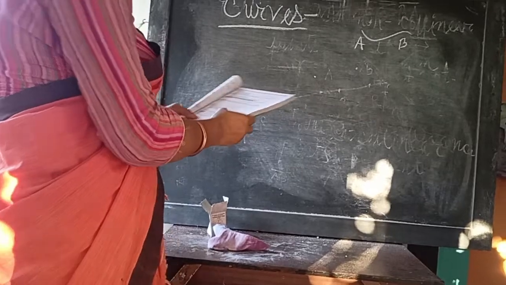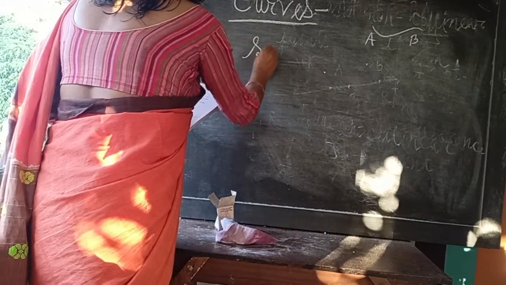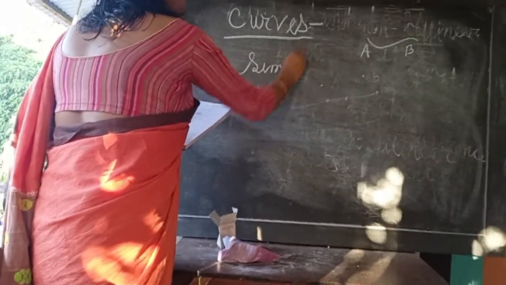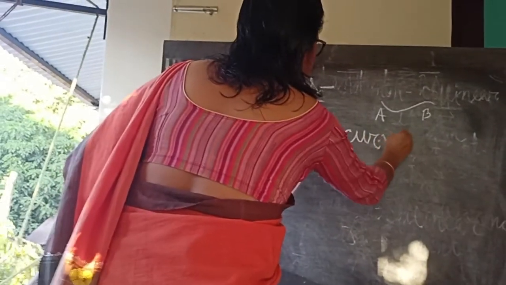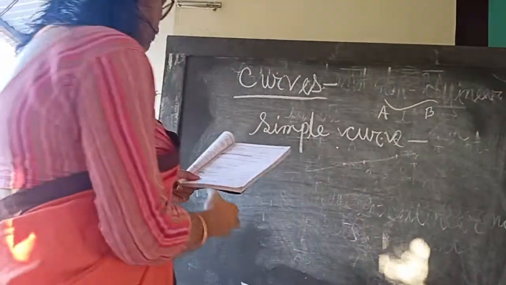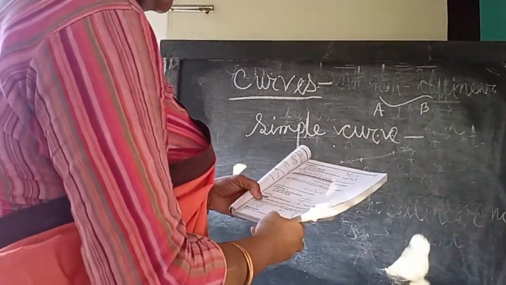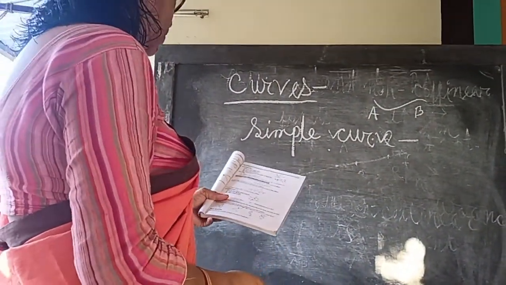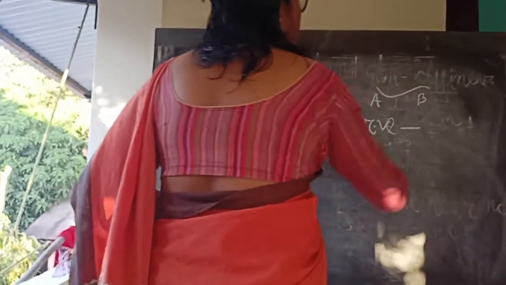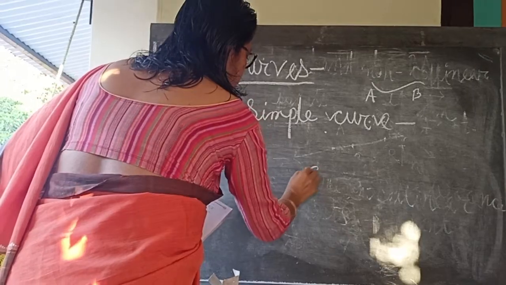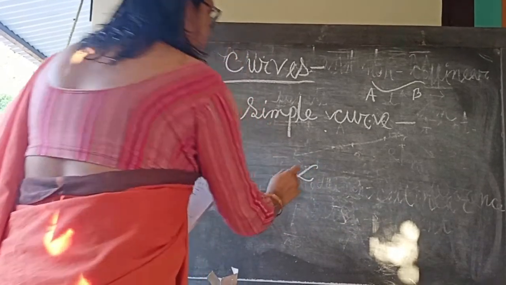Now which are simple curves? Simple curve. A simple curve is a curve which doesn't intersect itself. Okay, this is a curve. It does not intersect itself, but this is a curve which intersects itself.